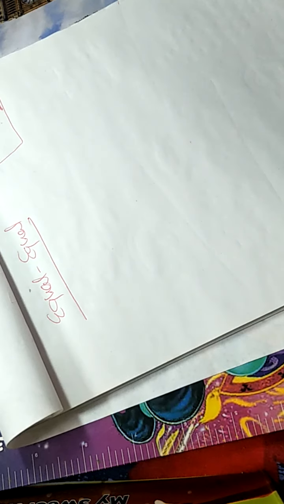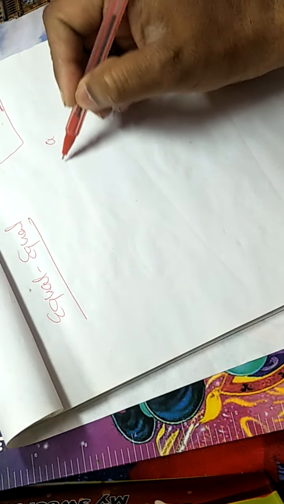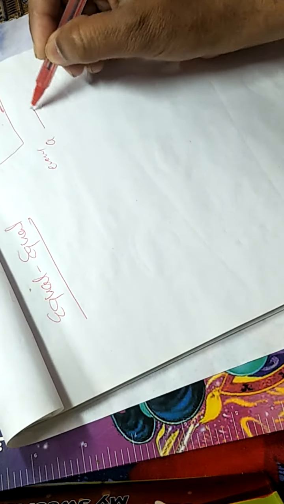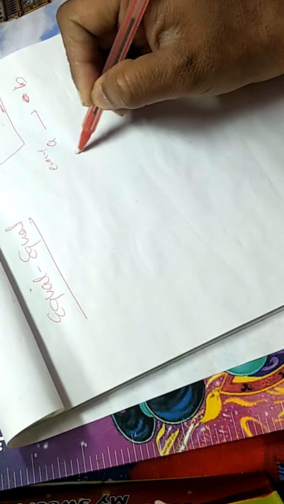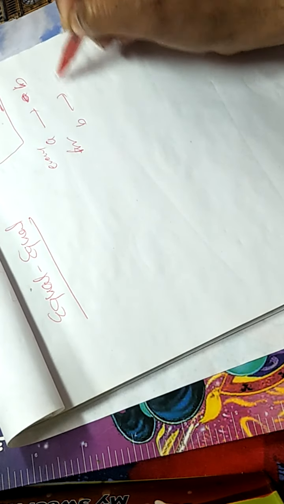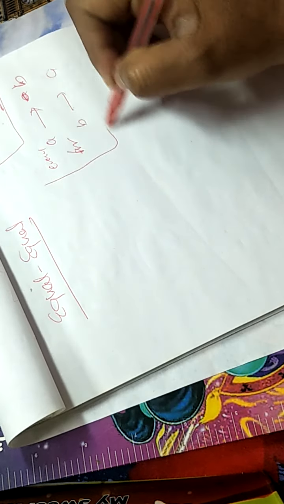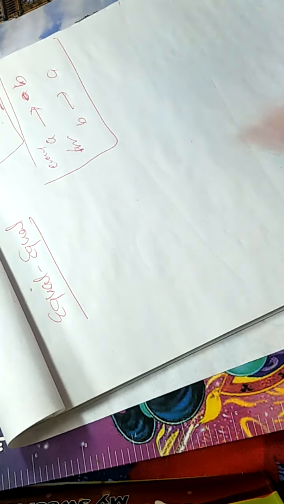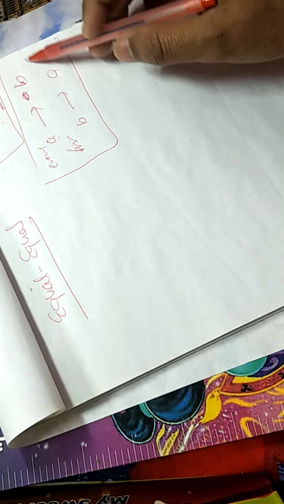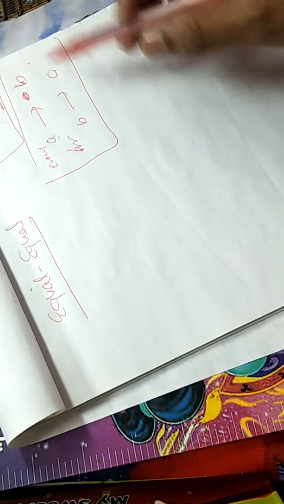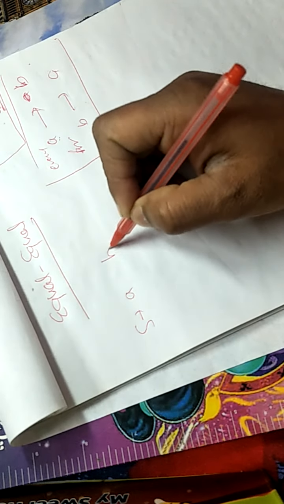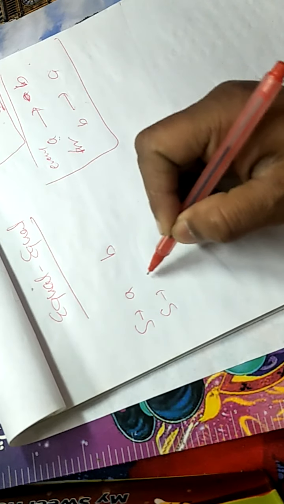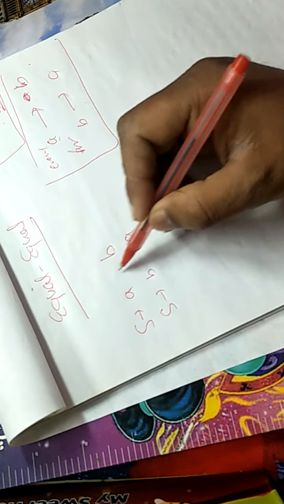So in Equal, for every A there is a B, and for every B there is an A in the language. So how can we maintain that for every A there is a B, and for every B there is an A?